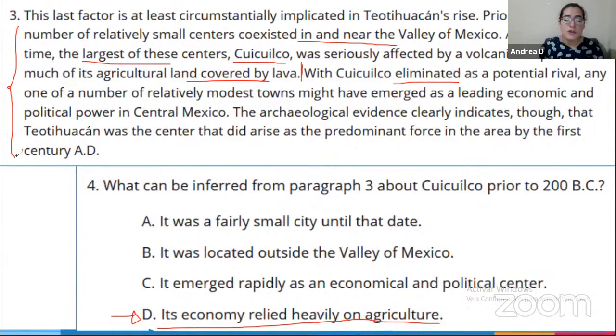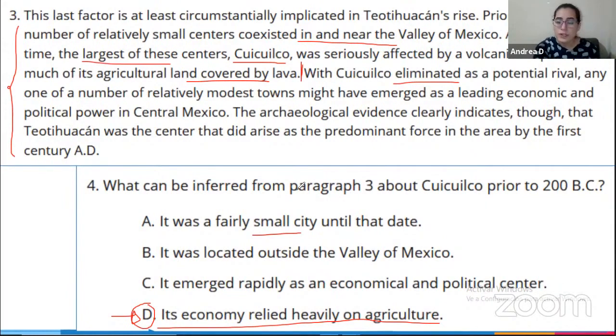So the answer is probably going to be around that. It's hardly ever going to be about little details, like whether it was a small city or not, or whether it was outside or in the Valley of Mexico. It's usually going to be around the biggest thing.